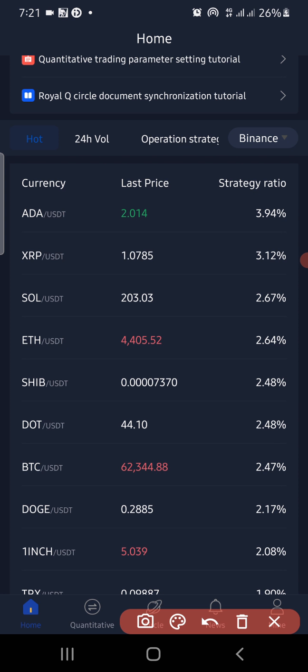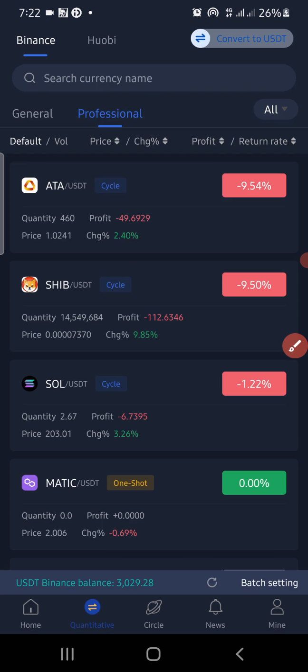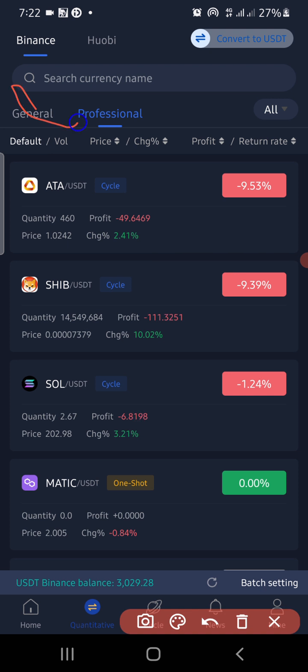So if you want to trade, you come to quantitative here. When you click on quantitative, so it will bring you to this interface. So on this interface, you see general and you see professional.